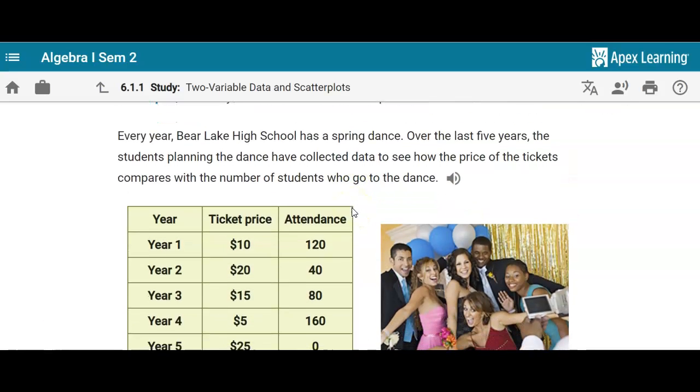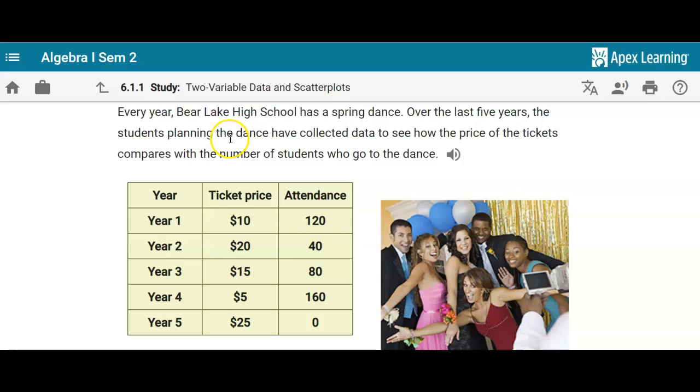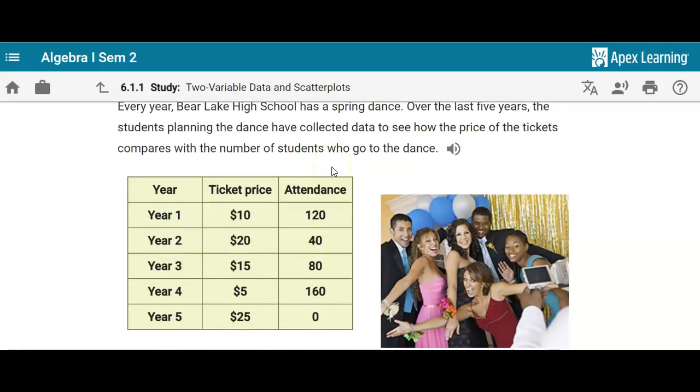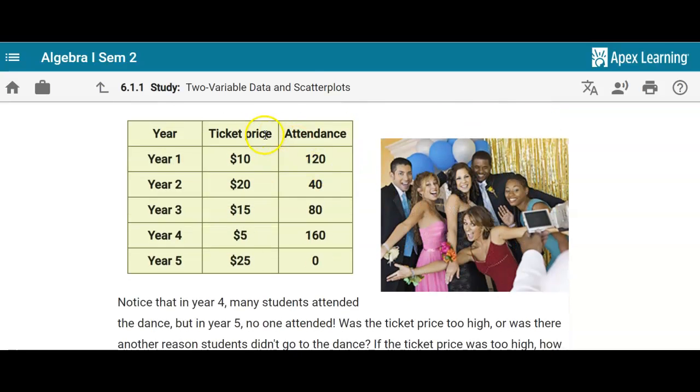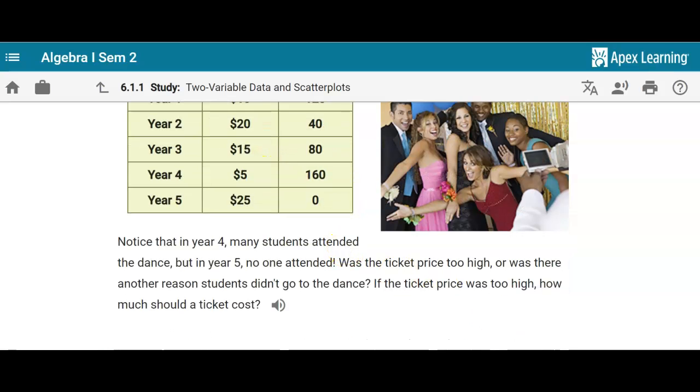So when you look at this next example, every year Bear Lake High School has a spring dance. Over the past 5 years, the students planning the dance have collected data to see how the price of tickets compares with the number of students who go to the dance. So they give you this data here. And what they want you to do is plot this as an ordered pair, ticket price and attendance.